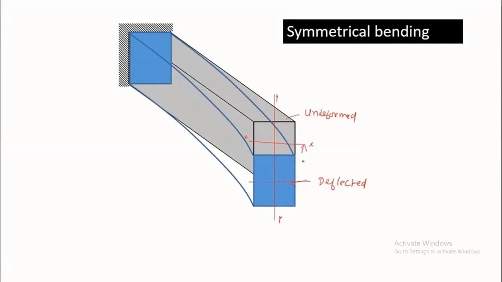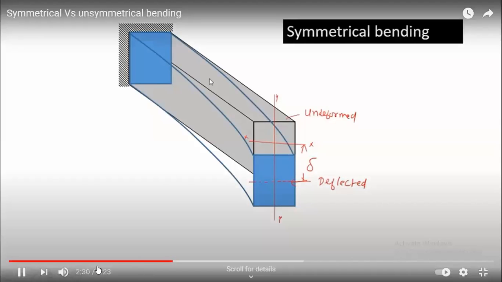This is the deflection delta, but the y-axis did not change; it remains the same. That means the beam experiences deflection only in the vertical direction. Such a bending is called symmetrical bending.